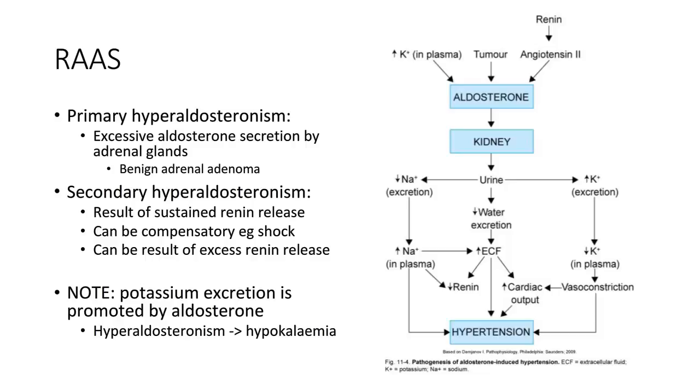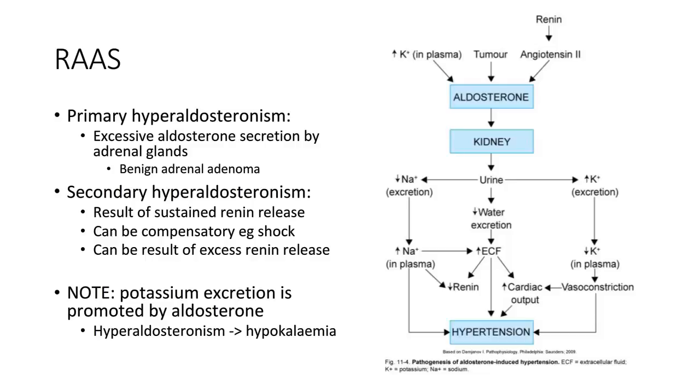And so the flowchart on the right is just putting that into a sequence for you. So at the top we have the causes leading to excessive aldosterone that act on the kidney, changing the concentration of sodium that is excreted, so that we see the sodium excretion decrease.